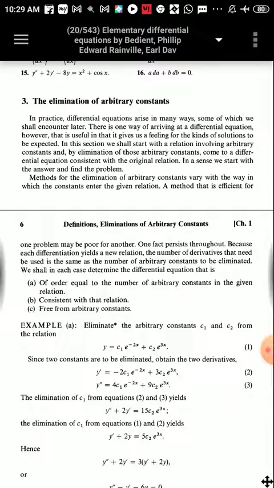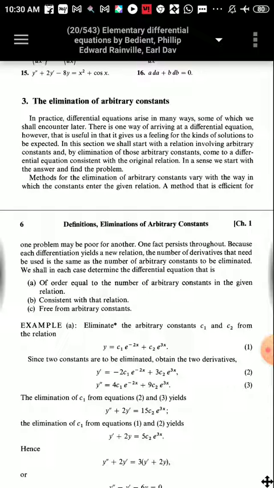In practice, differential equations arise in many ways, some of which we shall encounter later. There is one way of arriving at a differential equation, however, that is useful in that it gives us a feeling of the kind of solution to be expected.